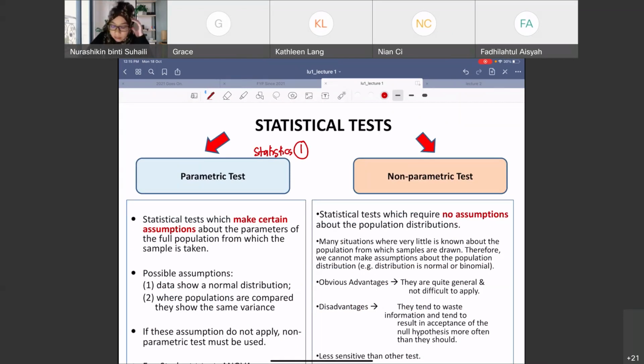You're going to take another course, Statistics for Biology 2, in which we're going to cover non-parametric tests. So in this course, we're going to deal with parametric tests a lot. But what's the difference between these two tests?